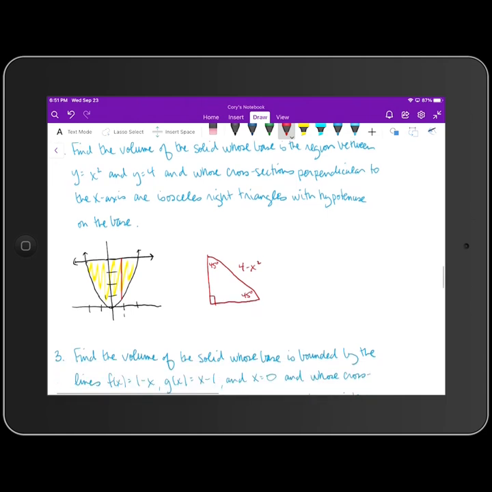So if we want to get the area of that 45, 45, 90 right triangle, we know that the length of the leg times rad 2 is equal to the hypotenuse, which is going to make the hypotenuse divided by rad 2 equal to the length of the leg. Which is going to make the base length 4 minus x squared over rad 2, and it's also going to make the height 4 minus x squared over rad 2.